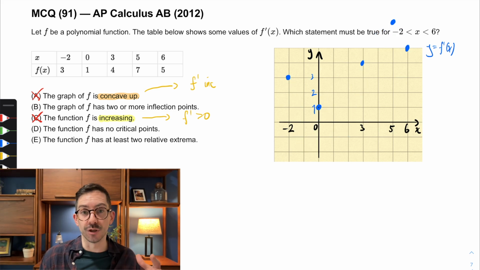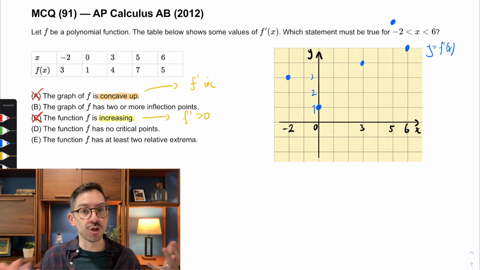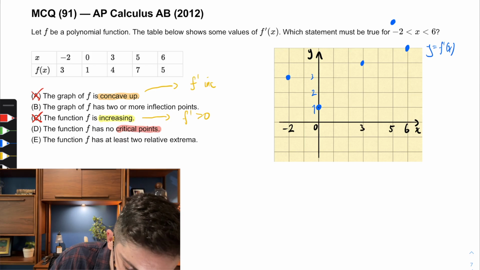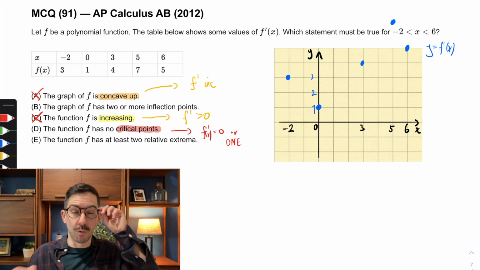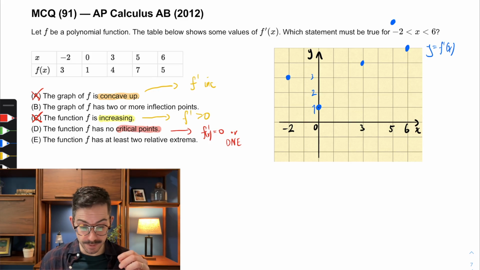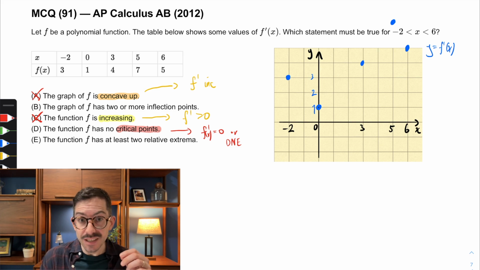Let's look at our next answer choice, D. This is proposing that f has no critical points. A function f has critical points if f prime is 0 or does not exist. If you find an x value that returns 0 or does not exist, then that gives you a critical point of the function. This is a polynomial function, so its derivative always exists.